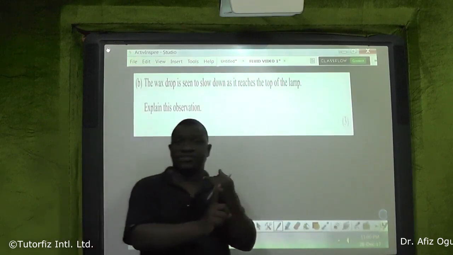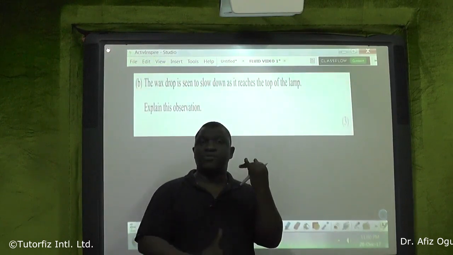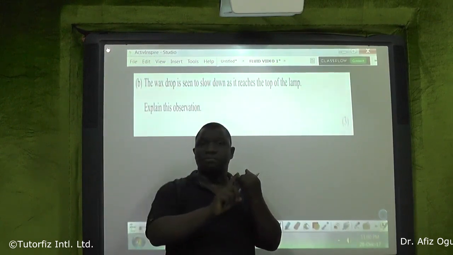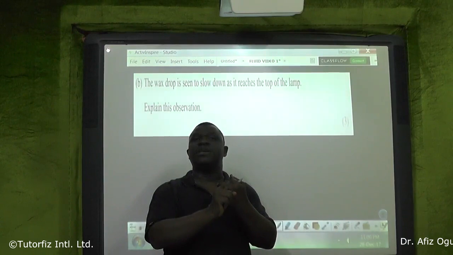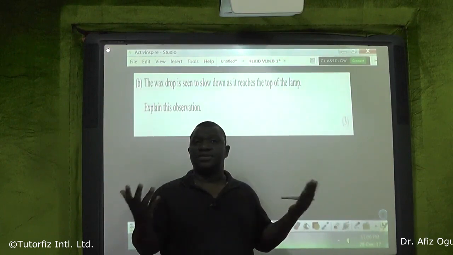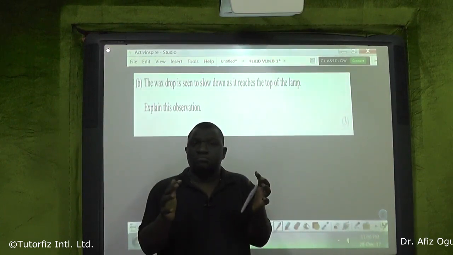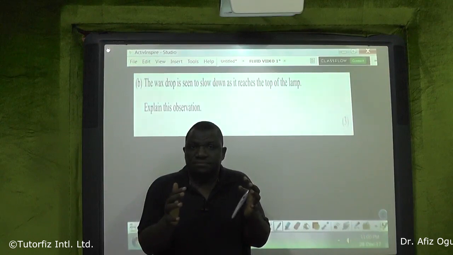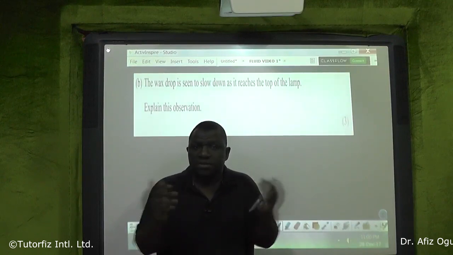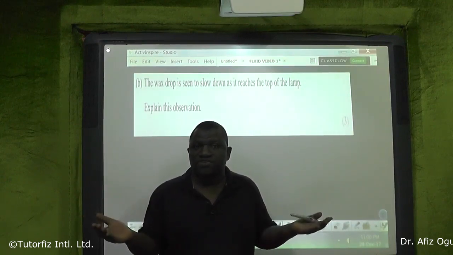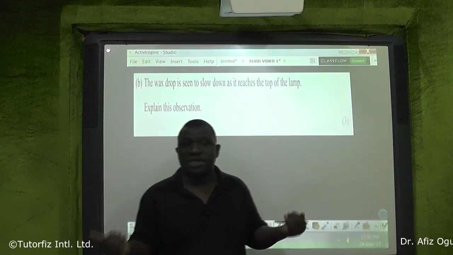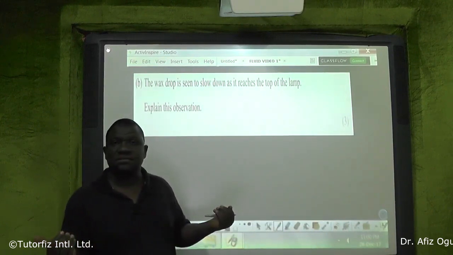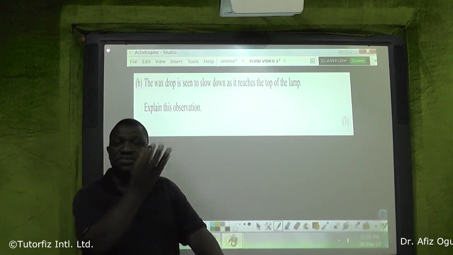Because temperature decreases, upthrust, which was the major force pushing it up, decreases because the body shrinks, or the volume becomes smaller, so it displaces less fluid, upthrust is reduced. If upthrust is reduced, it has to slow down.